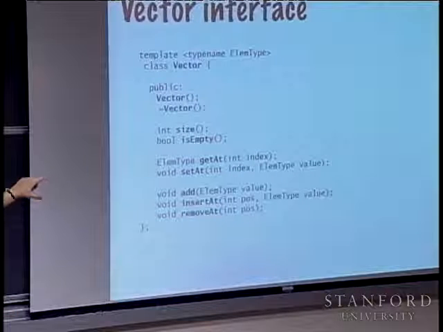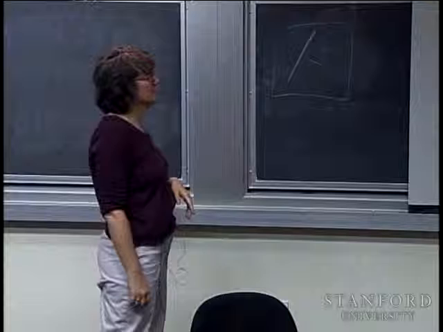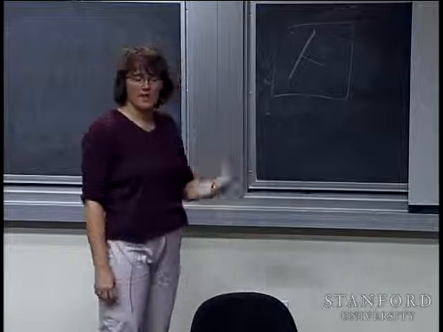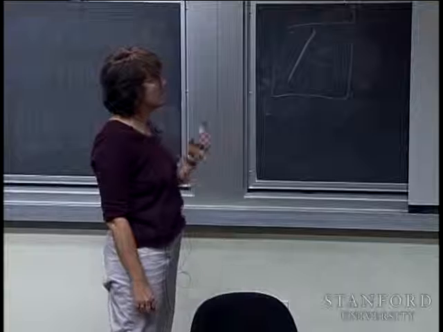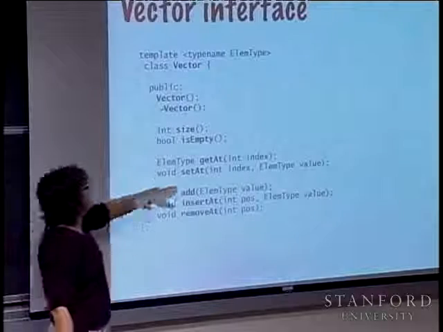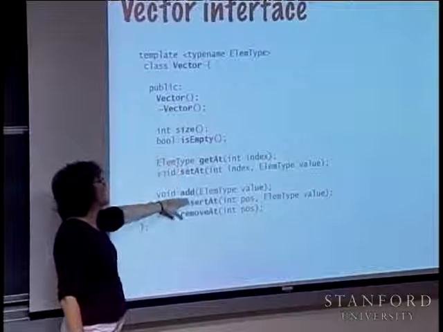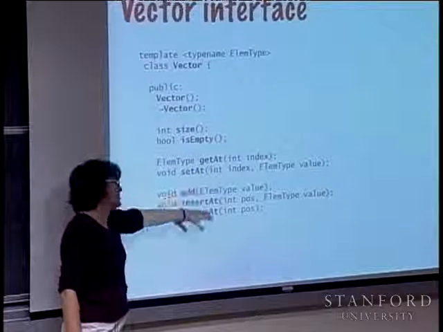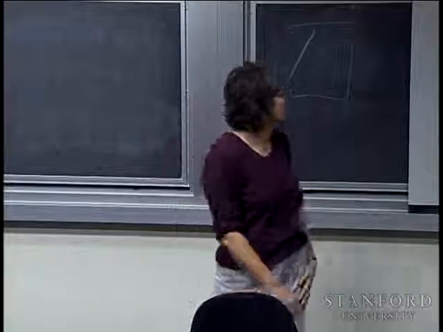It stores some generic ElemType, which when the client is ready to create a vector, they will have to make that commitment and say, this vector is going to hold doubles, this vector is going to hold ints. And from that point forward, that vector knows that getAt on a vector of ints returns something of int type, and add on a vector of ints expects a parameter of int type, which is distinct from a vector of strings or vector of doubles.